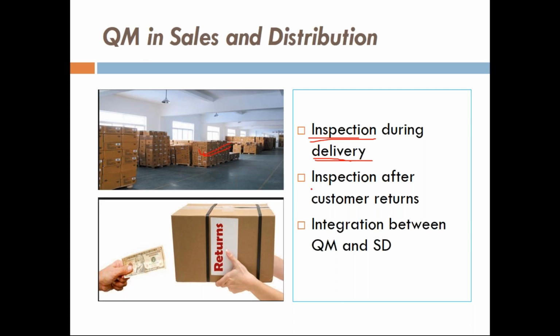Also inspection after customer return. You sold a product to the customer, and the customer says the product quality is not good, so he returns it. You will check whether that particular market complaint is genuine or not, so you will do quality inspection again, just to check.